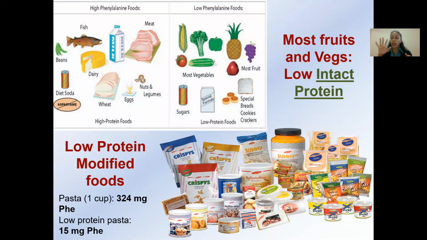Now moving on to intact protein, or dietary protein, first. If you see the type of food sources that a PKU person can have in his or her diet, they are somewhat similar to a vegan diet, meaning they can have most fruits and veggies, because we know fruits and veggies are naturally low in intact protein or dietary protein.